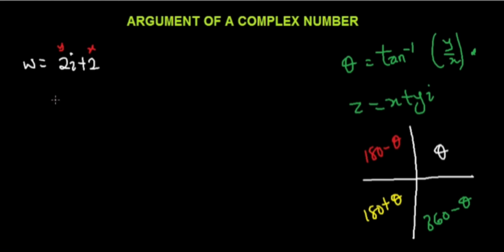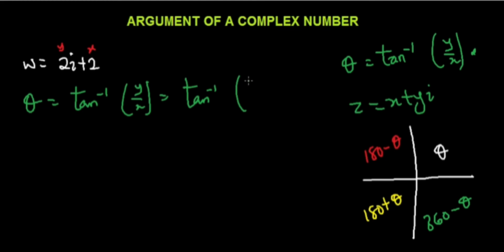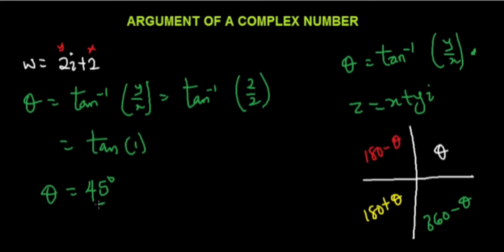So my argument theta is arctan of y over x, which is arctan of 2 over 2, and that is arctan of 1, because 2 over 2 is 1. Arctan of 1 is 45 degrees. That 45 degrees falls in the first quadrant, so we don't need to do any subtraction. So that will be the argument for this complex number.